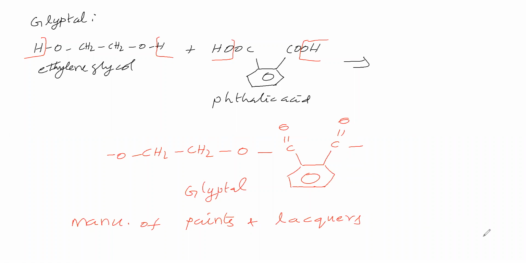Next we will see about copolymerization. So, copolymerization can be made by chain growth polymerization or step growth polymerization. That means the initiator can be free radical, otherwise the initiator can be cation or anion.